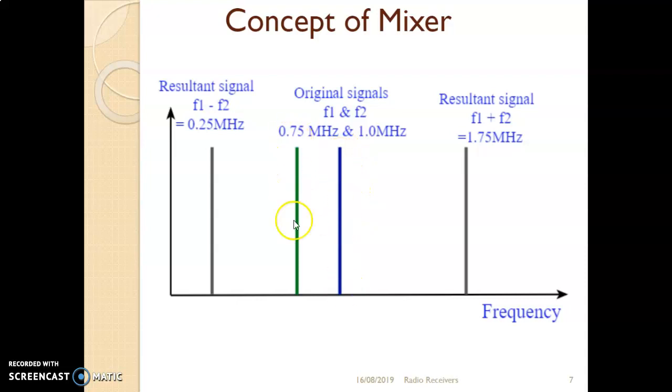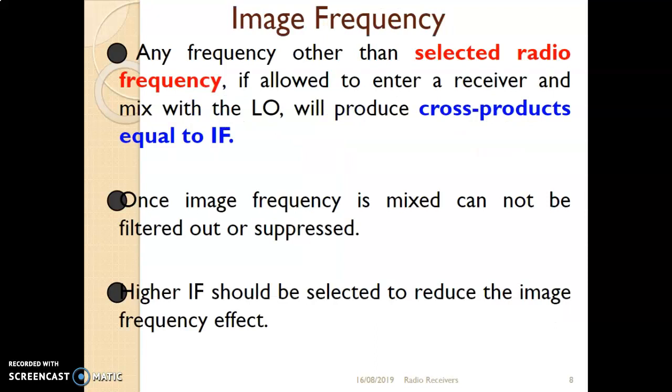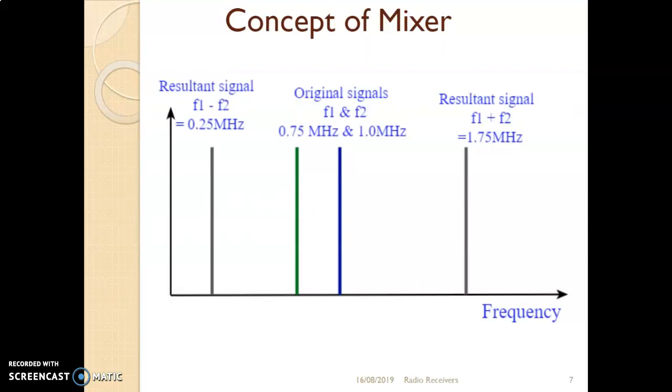That is why F1 and F2 are shown. The sum frequency will definitely be greater than these, 1 plus 0.75, which is 1.75 megahertz, on the right-hand side because that is the higher frequency, and 1 minus 0.75, which is 0.25 megahertz, the lower frequency, which we call intermediate. Again, to highlight, for receivers we use the difference frequency from the mixer, and that is why it is called the intermediate frequency.